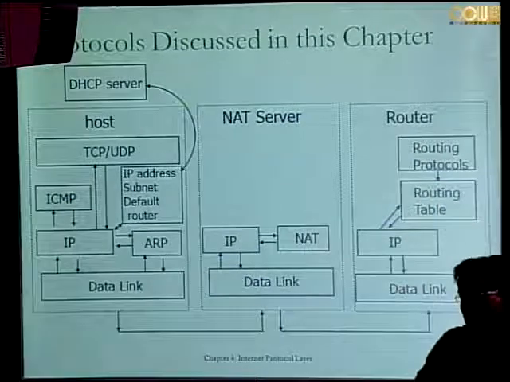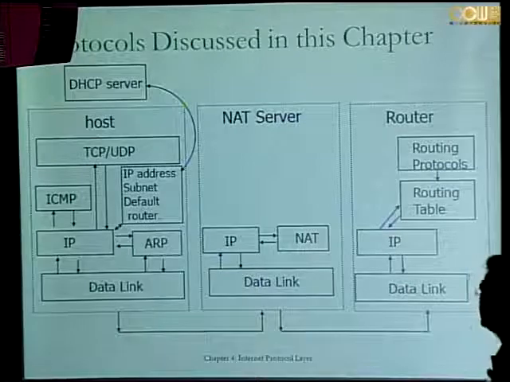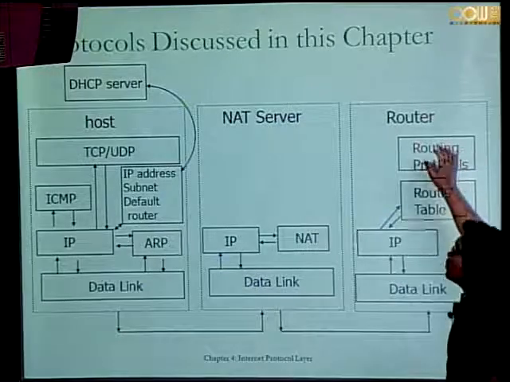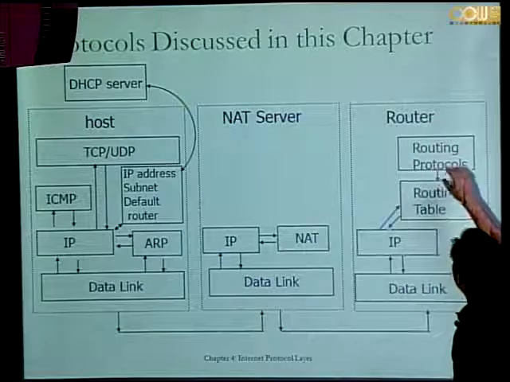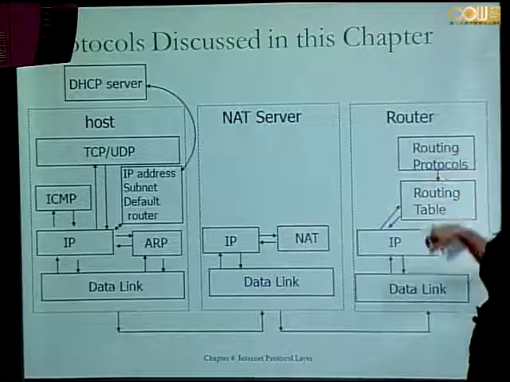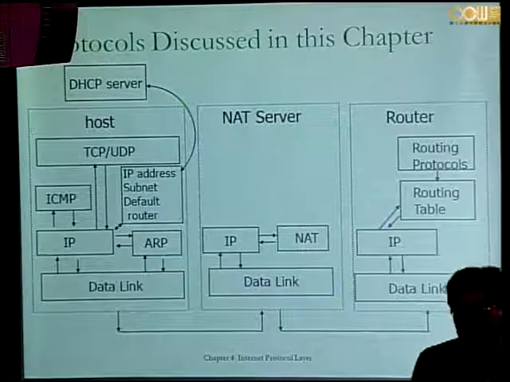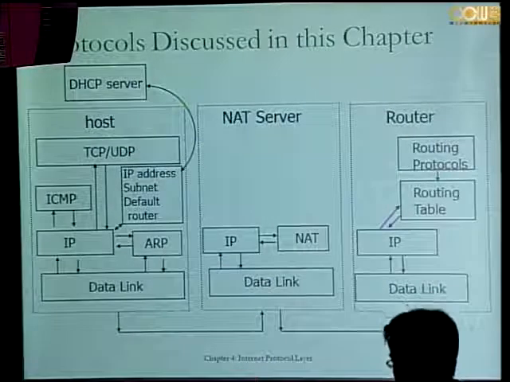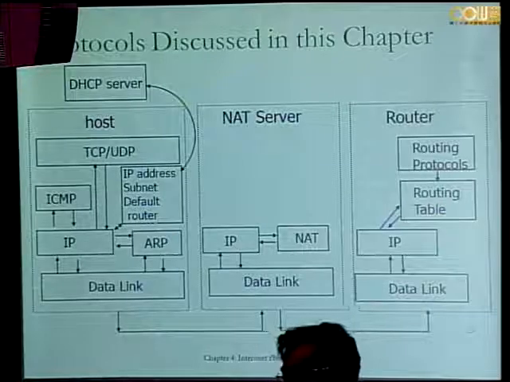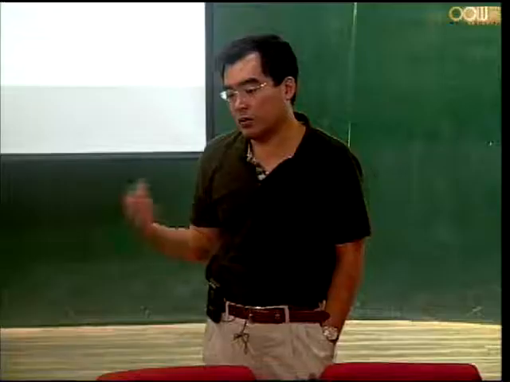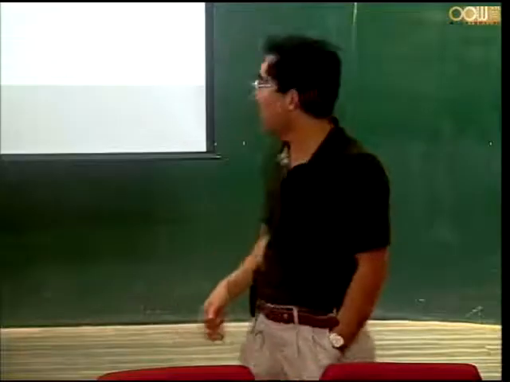The computation is done in the background by the routing protocols. So there will be a set of protocols here that do the calculation. And the most common unicast routing protocols are RIP, OSPF, and BGP. And we will see the difference between them and where they are used.